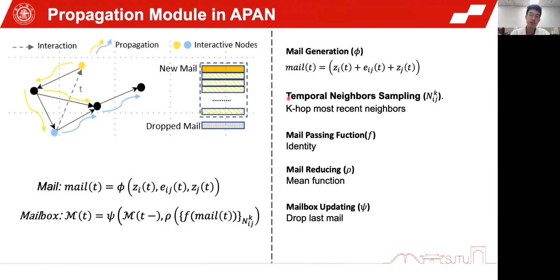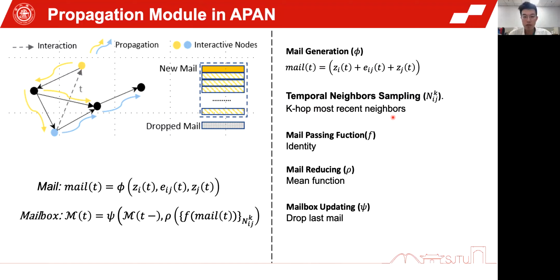And the second one is how to choose the neighbors. We use temporal neighborhood sampling by the k-hop most recent neighbors. Why do we use this neighbor sampling strategy?